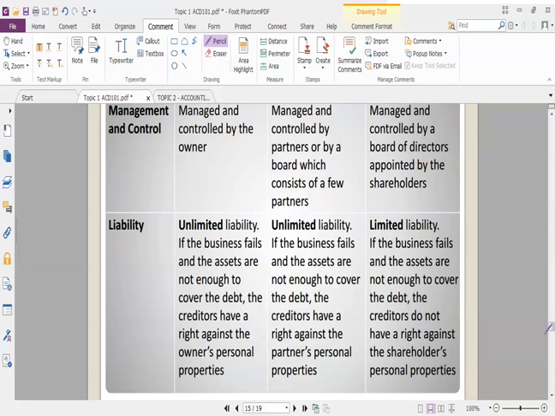Only that. With limited liability, you don't need to pay with your personal property. The properties of the company itself will be sold to pay back the debt.